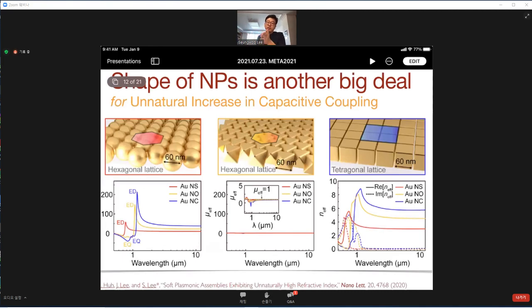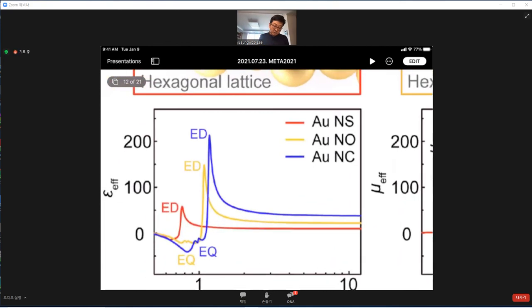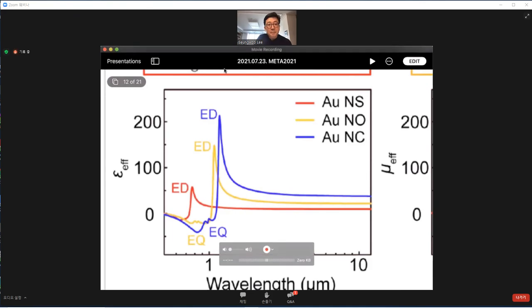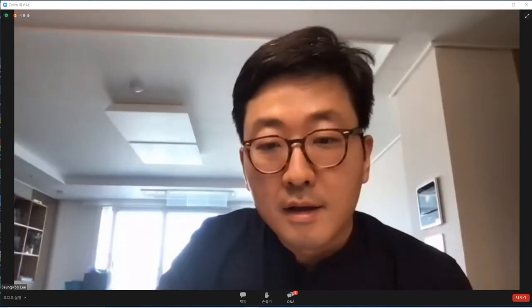The cube, as you can see here, can have a higher interface area compared with that of the sphere and octahedron. That's the main reason why they can exhibit higher permittivity and refractive index, as indicated here. The stronger capacitive coupling can be further evidenced by the more redshifted electric dipole resonant peak as well. So that answers the question.